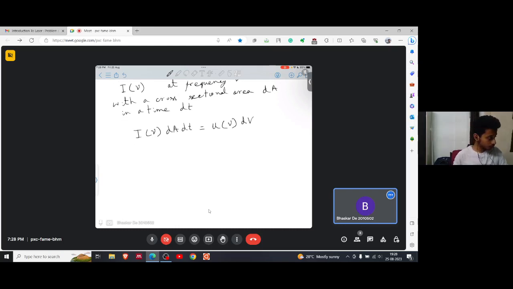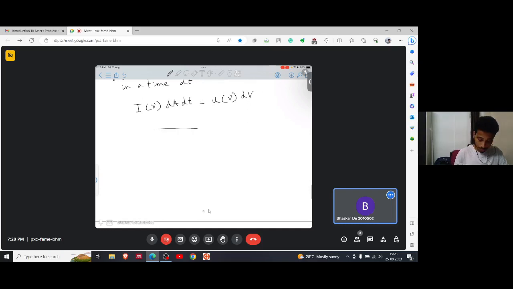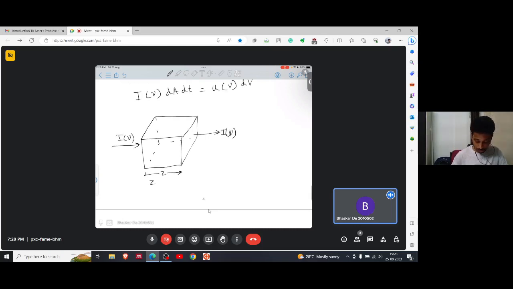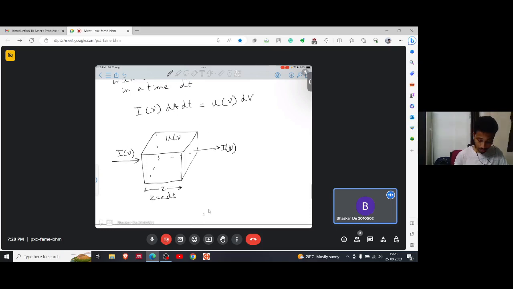So here is a volume where this is the I nu, this is the direction z, and the distance is z, so z equal to c dt, and the energy density is u.